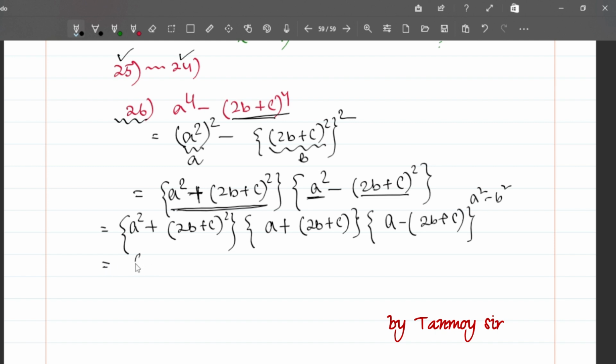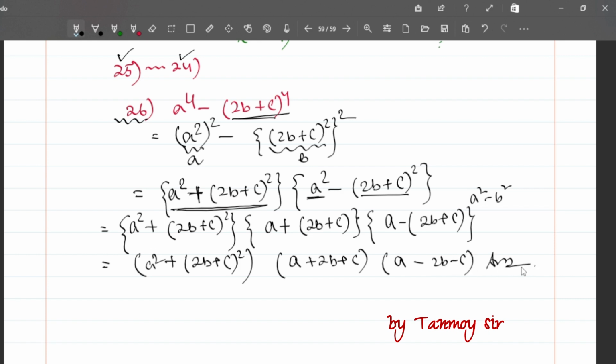So just copy this part, and a minus 2b minus c. So this is your answer.